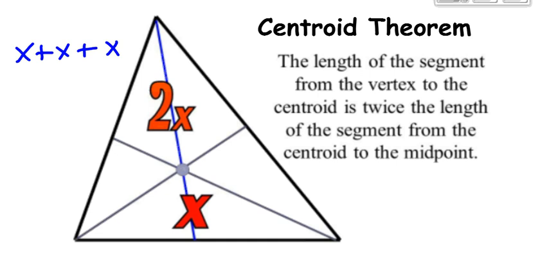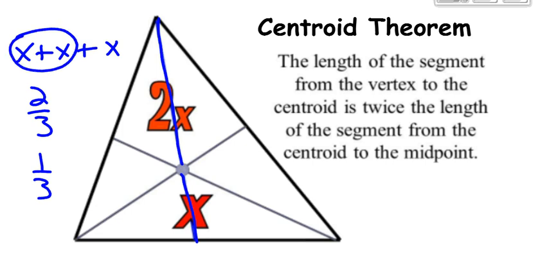So this segment is 2/3 of the total length, and this tiny little segment would be 1/3 of the length, which is basically the same thing as I said. This one's taken up 2 out of the 3 pieces, and this one's taken up the last one. So sometimes you'll see it written as a fraction. I think this is a little bit easier.